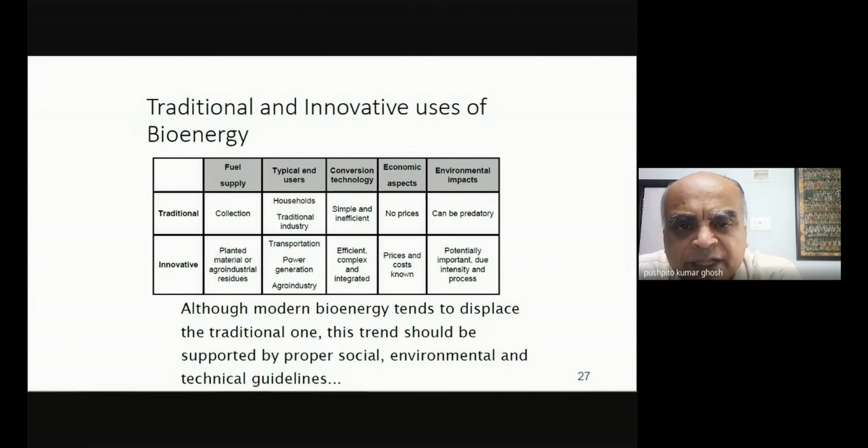But they forgot that long before that, our villagers did not know any technology, but they were using biomass. They were going and collecting it and lighting up their chullas. Many people did other things with biomass or bioenergy.